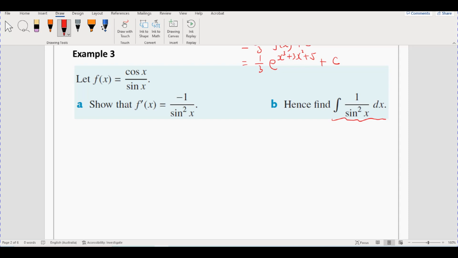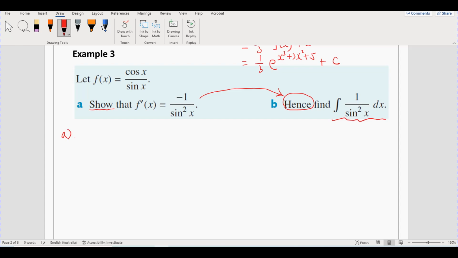That's why we need to do part A. When you see a question with a word like hence, that means the result of part B depends on your working in part A. So you need to apply the result from A to B. Again, in part A, you need to show a derivative.